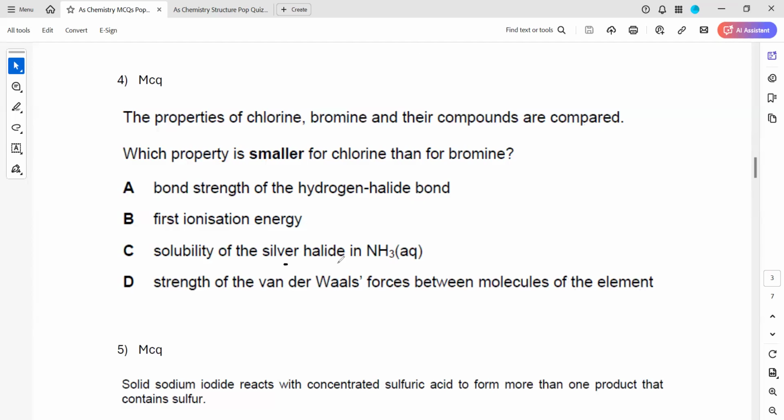The solubility of a silver halide with ammonia. As we go down the group, the solubility increases. Like if we have silver chloride, silver bromide, and silver iodide.